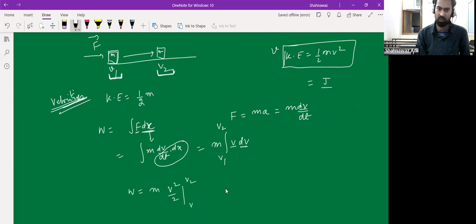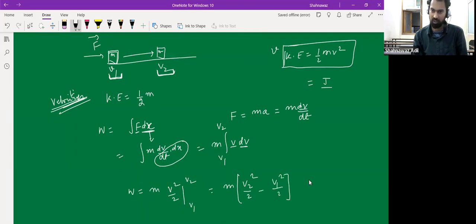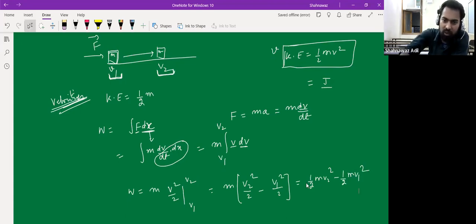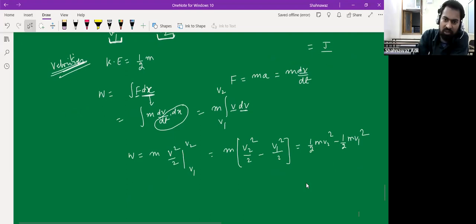So this will be half m, v2 square by 2 minus v1 square by 2. So this will become half m v2 square minus half m v1 square.